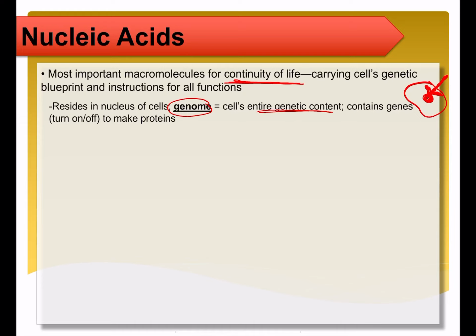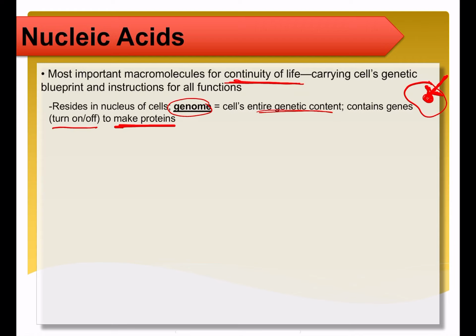So these genes are the instructions that a cell will follow to build different specific proteins, by either turning on or turning off genes to make proteins. Turning on a gene, turning off a gene, something we'll talk about when we get to genes and proteins. But from what I talked about earlier, if you go to buy a piece of furniture from IKEA, Walmart, wherever it is, it comes with an instruction manual.